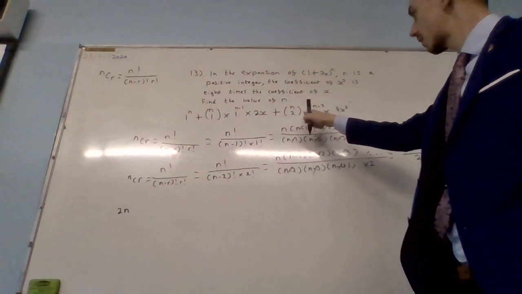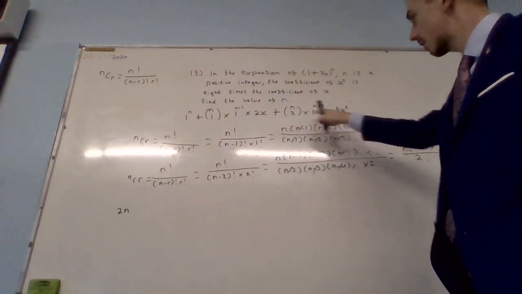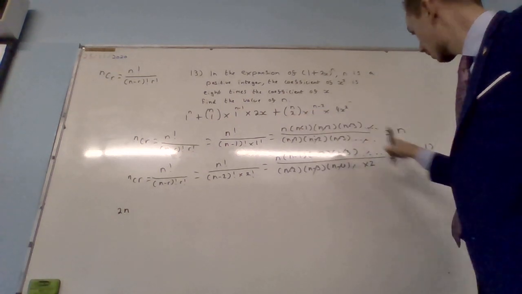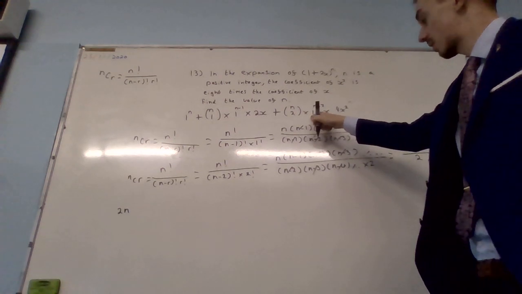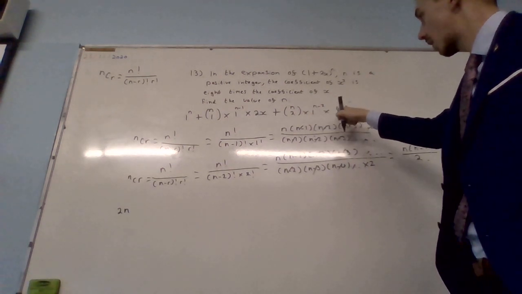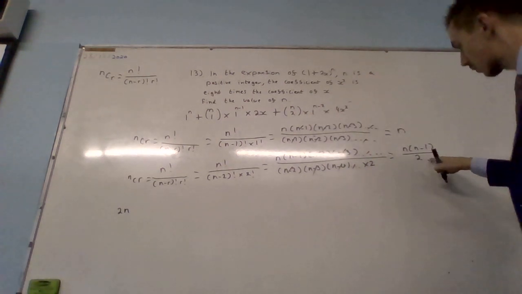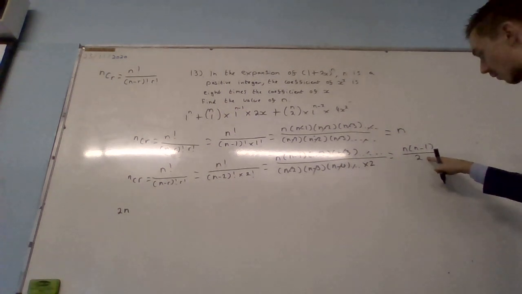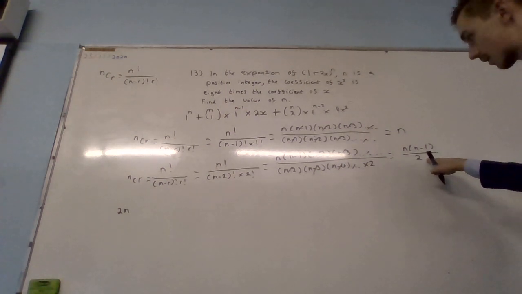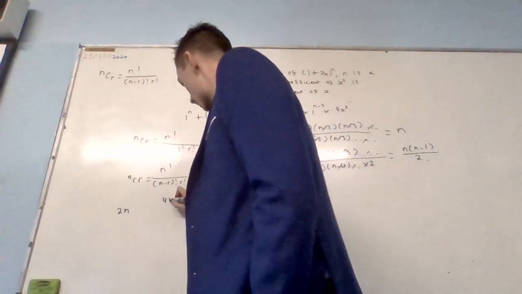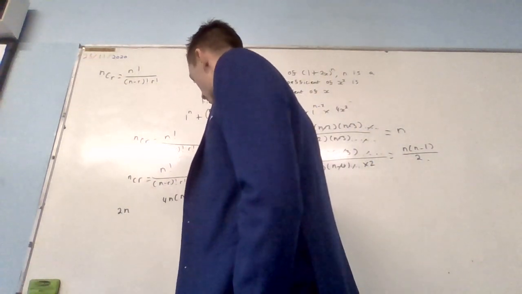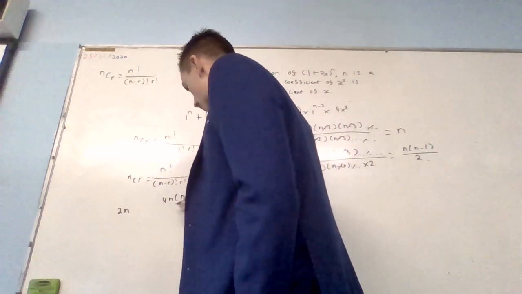Then for our coefficient of x squared, we've got our n choose 2, times 1, which is again the same, multiplied by 4. If I multiply the top of this fraction by 4, I get 4n, open brackets, n subtract 1, over 2.